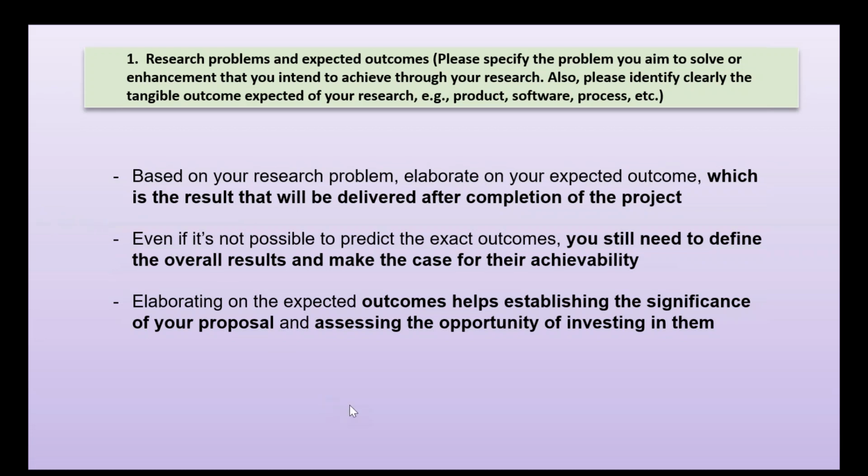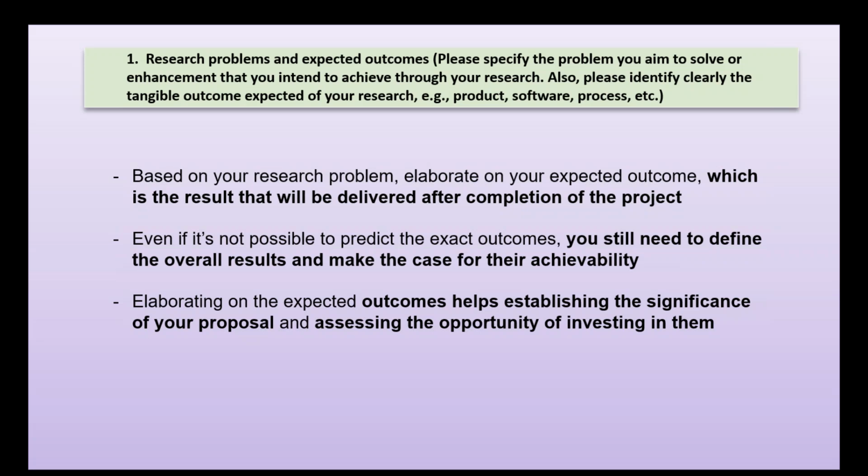The expected outcomes are the results that will be delivered after completion of the project. We can understand that at the early stages it's maybe not easy for you to predict the exact outcomes, but you still need to define the overall results and make the case for their achievability. The vast majority of the research proposals we are receiving comply with this and provide their expected outcomes. You can have one expected outcome, you can have 2, 3 expected outcomes.